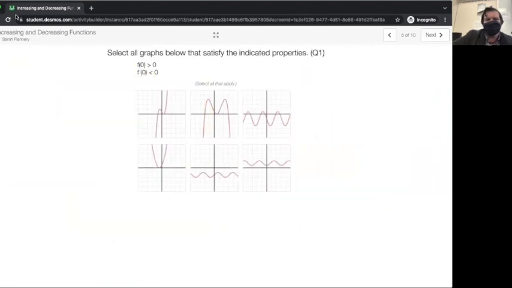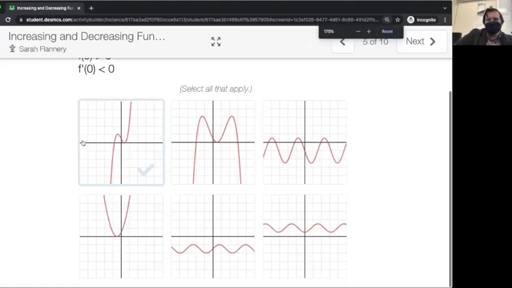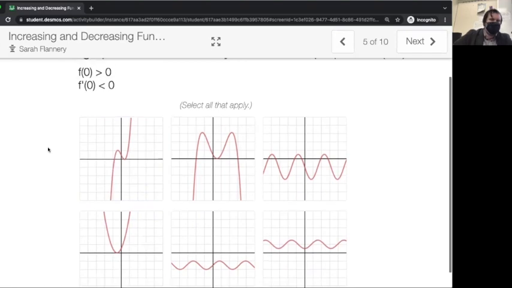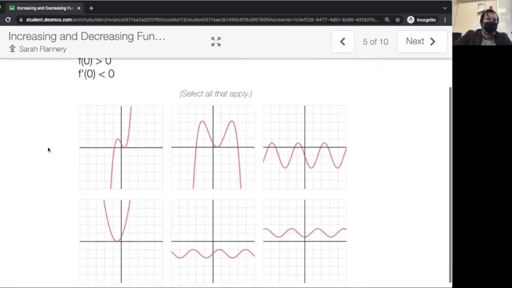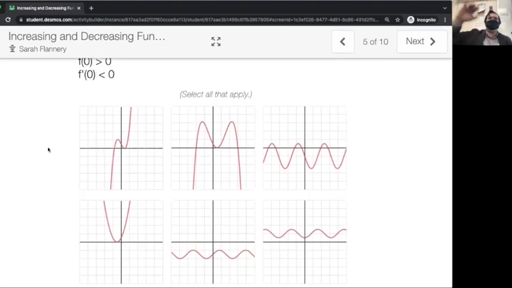Here you're asked to find all of the graphs that have f of 0 positive and f prime of 0 negative. Notice that this is totally possible. The sign of f prime doesn't tell you anything about the sign of f. Rather, the sign of f prime tells you about the direction, the slope of f.